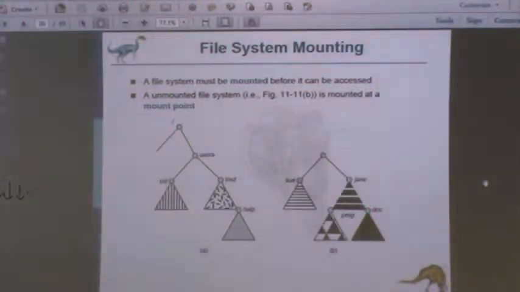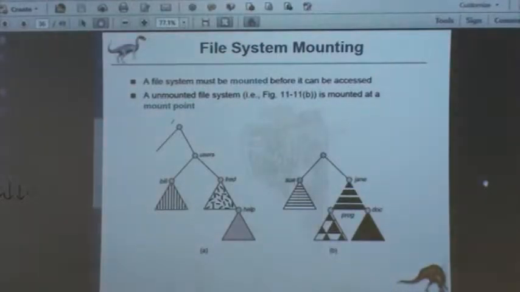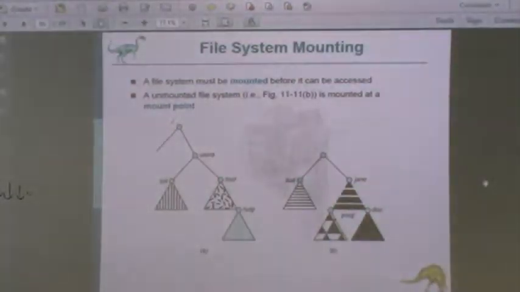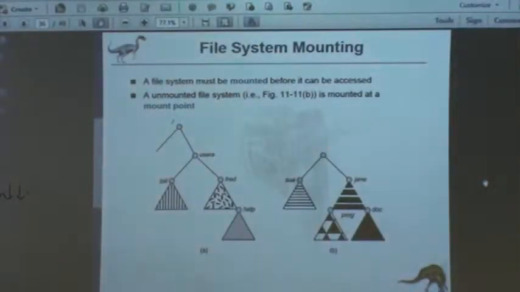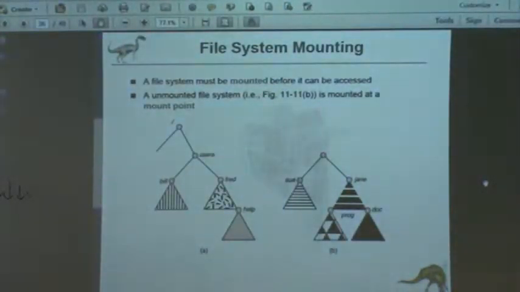How can we do that? Using the mount option in Unix and Linux. What about Windows? Windows, you can. If you are using a USB, it's automatically recognized and assigned one of C, D, E, F, G among them. But here Unix is used, so you need to specify the mounting point.